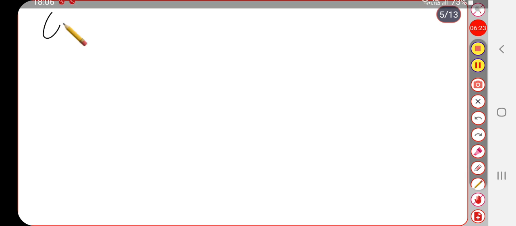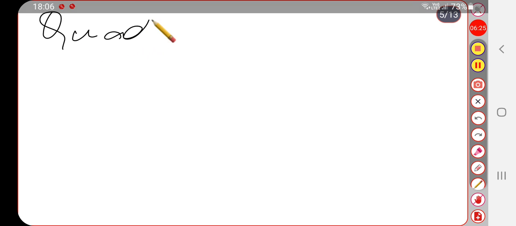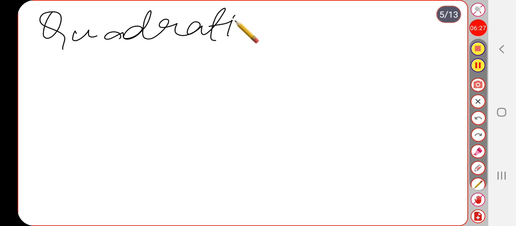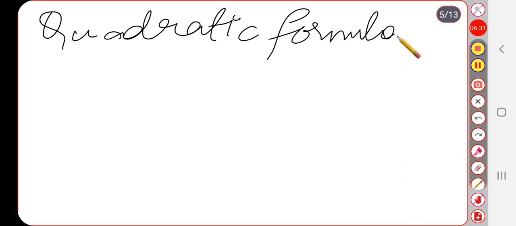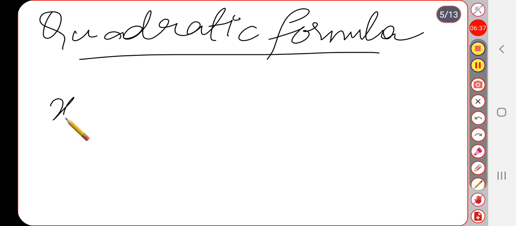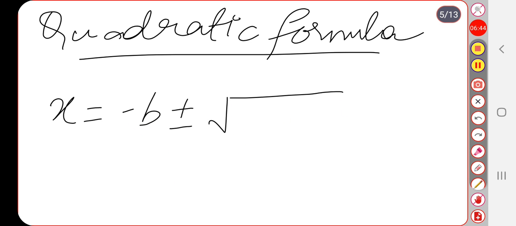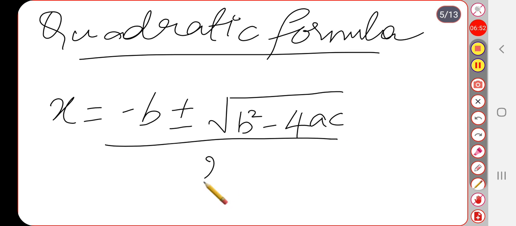Quadratic formula: x is equal to minus b plus or minus the root of b square minus 4ac, divided by 2a.